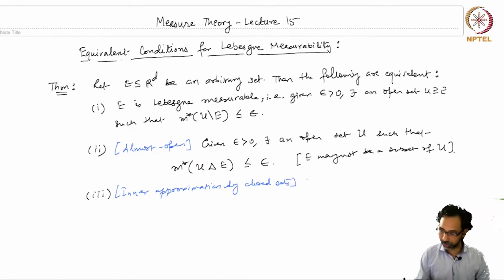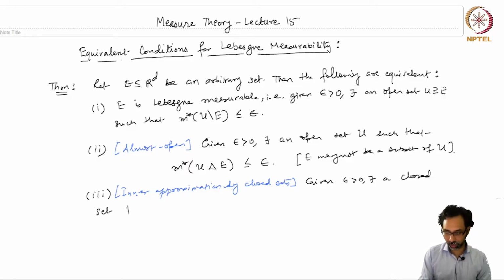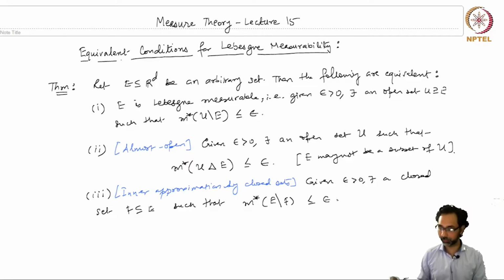This criterion says that given epsilon greater than 0, there exists a closed set F contained in E. This is an inner approximation, so F is contained inside E, such that the outer measure of E minus F is less than or equal to epsilon.